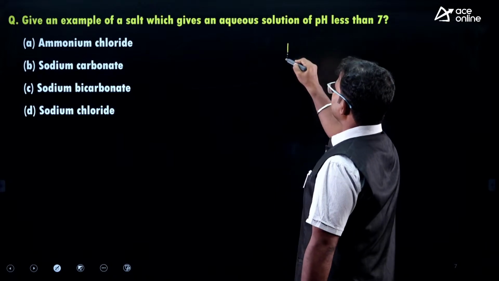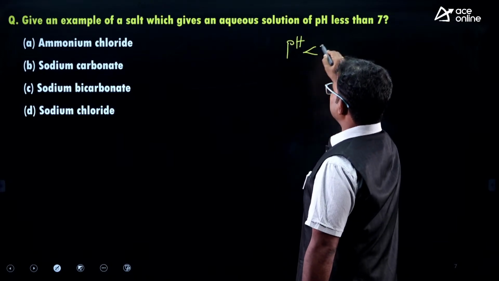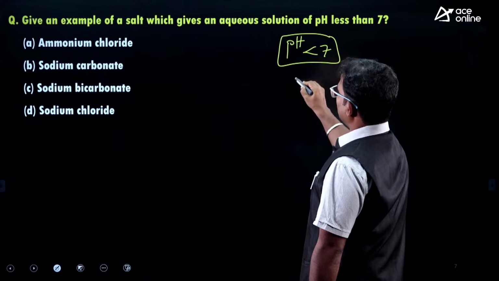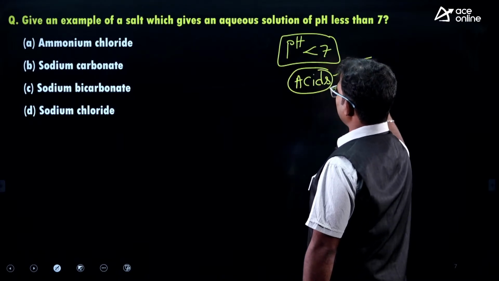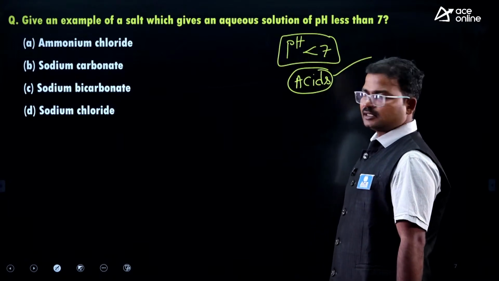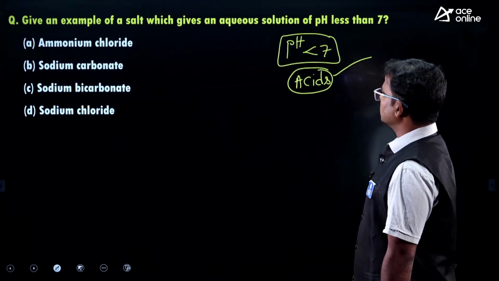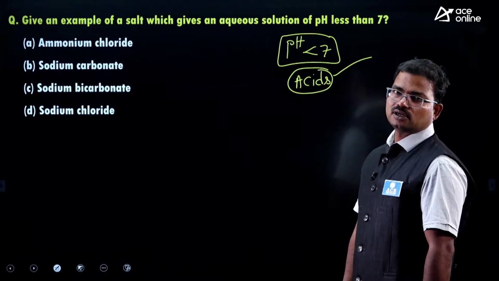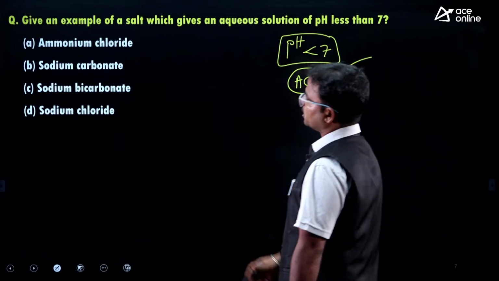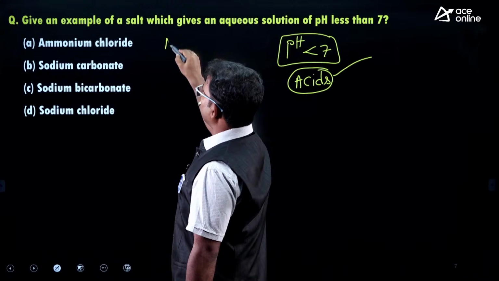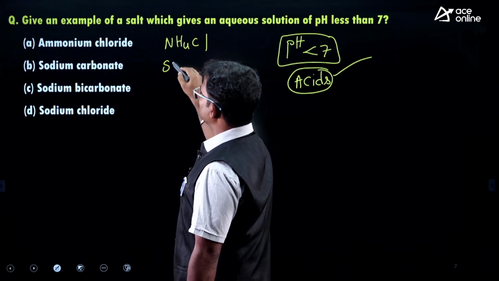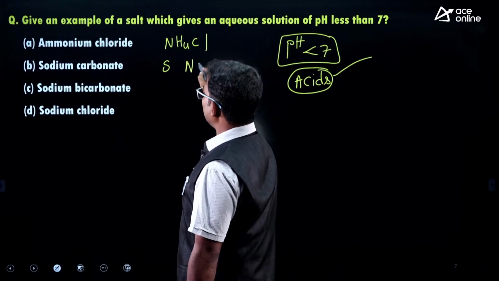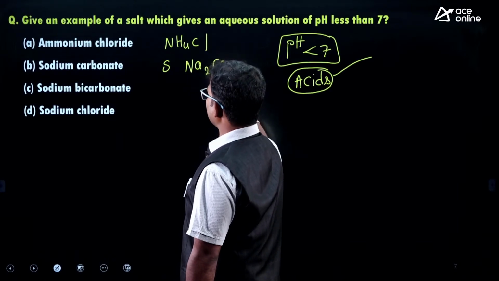So pH less than 7 means acids. The chemical should be acidic in nature, then only its pH value is considered below 7. Right. So ammonium chloride, its formula would be NH4Cl. Next, sodium carbonate, its formula is Na2CO3.